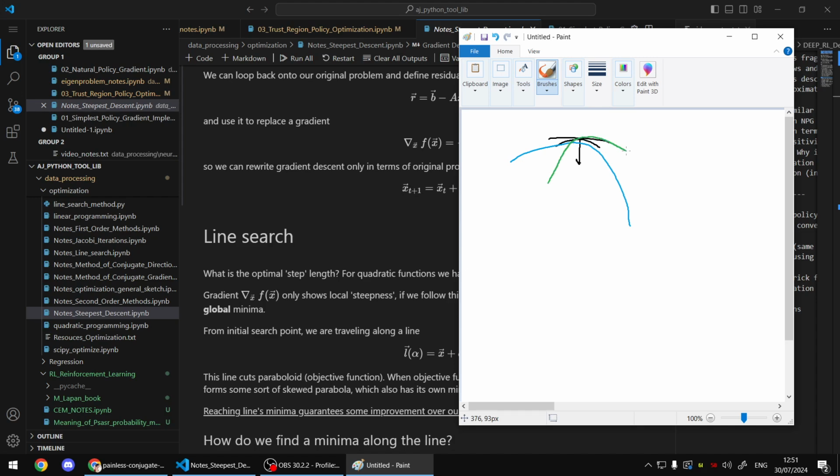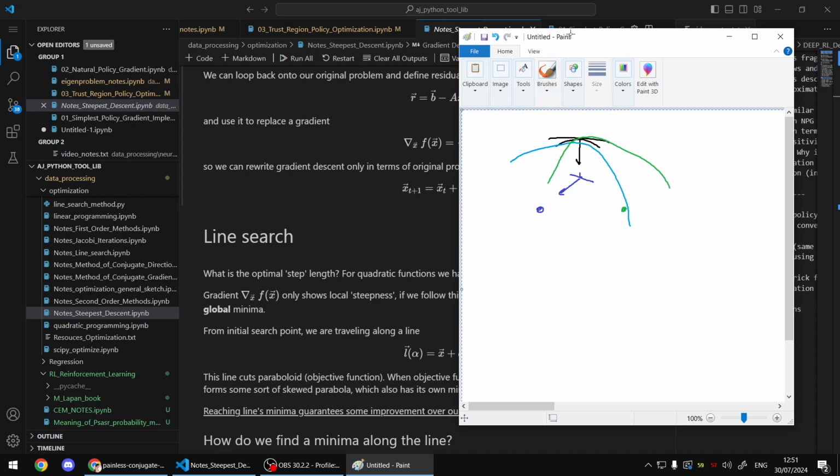Or it can be something like this. The tangent is the same, but say here the minima is here, and there the minima is there. So in fact, for gradient descent we only have guaranteed that it reduces the objective function in this direction, but it doesn't point there. We have to obviously make many steps, or not many. Also, we have to know actually how far in this direction we should go.